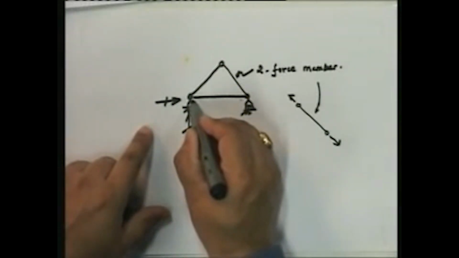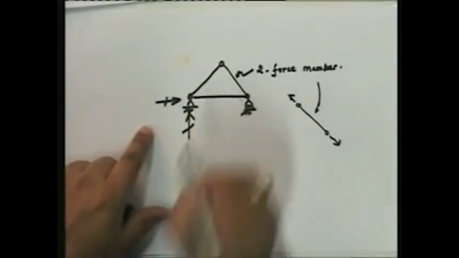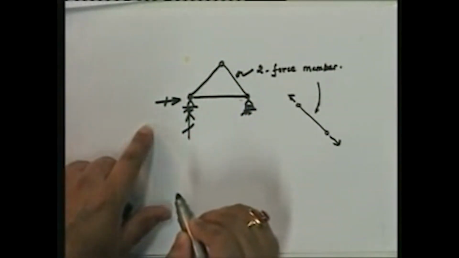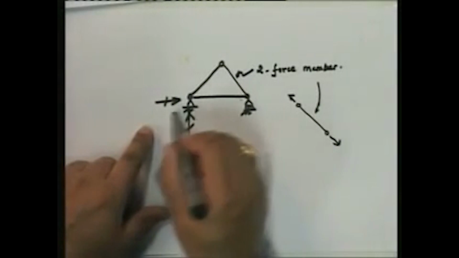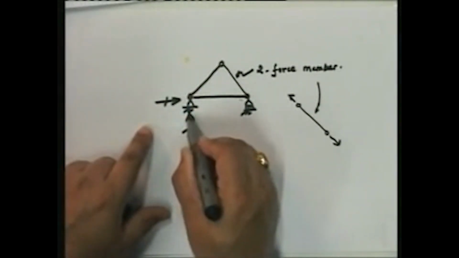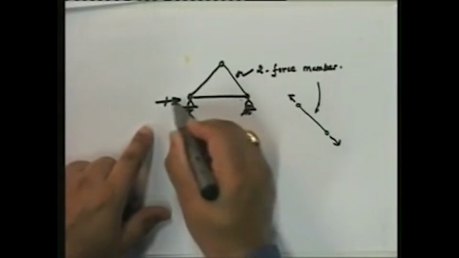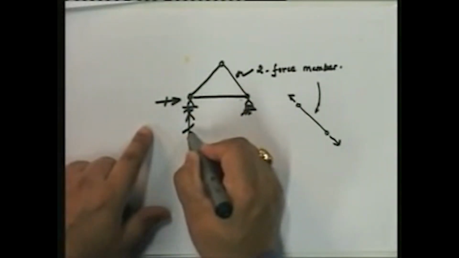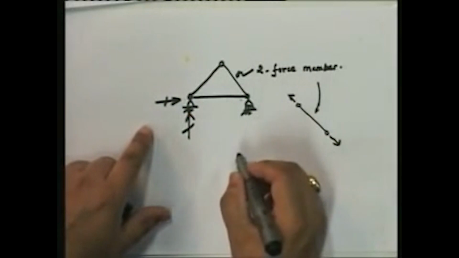However, it does not stop the rotation at the particular point. Since it restrains the movement in the plane, it can generate two reactions. So these are my unknown reactions.